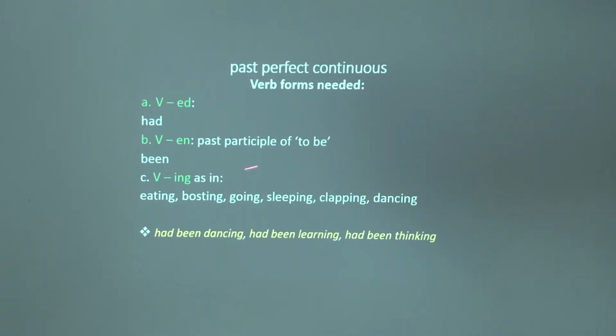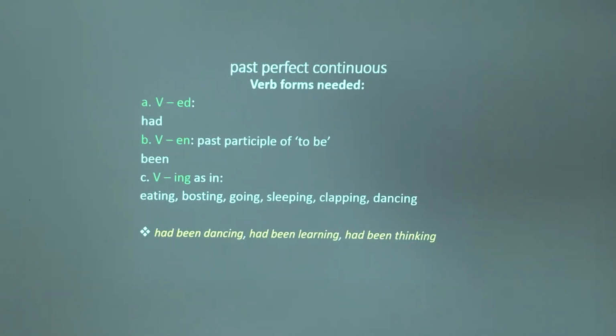So when we combine the three, we have this: had been dancing, had been learning, had been thinking. So had is past, been is perfect, dancing is continuous. Past, perfect, continuous.